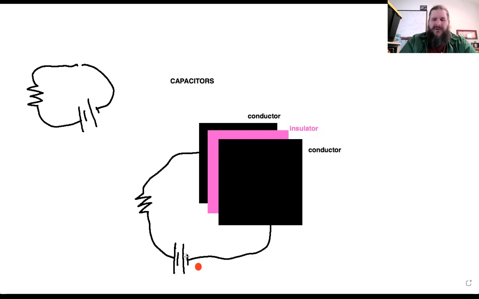What is the negative terminal of the battery going to do to this negative charge? Yeah, the negative terminal of the battery repels the negative charge. Now, if we were talking about this situation, that charge won't actually move because there's nowhere for it to go. This gap means it can't actually go anywhere.